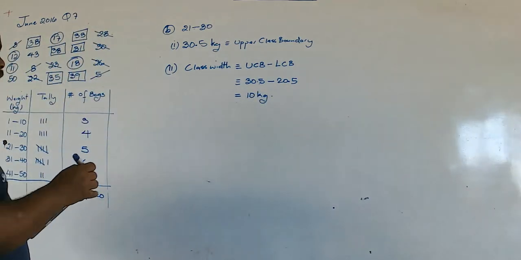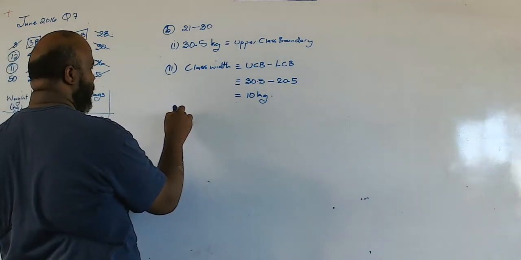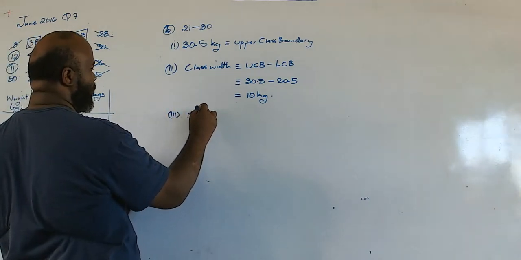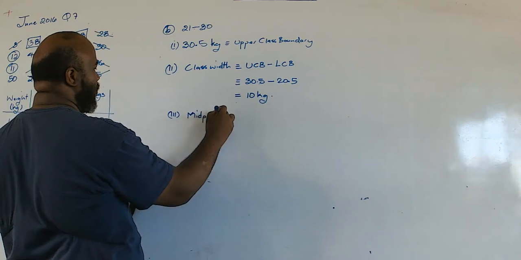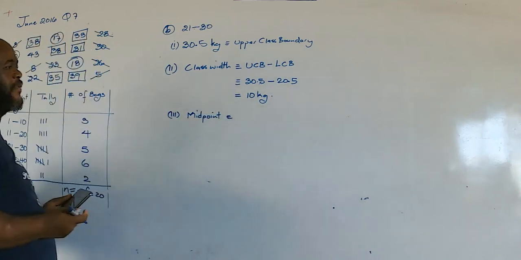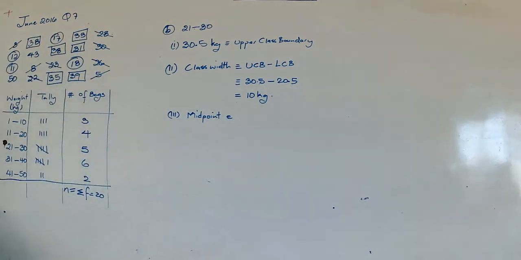The class midpoint. The midpoint is the upper limit plus the lower limit divided by 2.